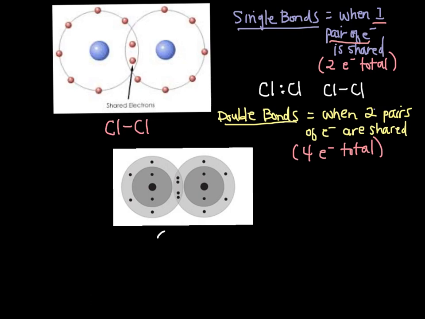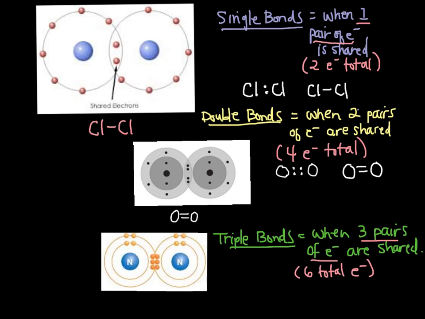So this would be like an O bonded to another oxygen. So you can see that we have 2 oxygens sharing 2 pairs of electrons, and usually we draw it like this with a double bond in between, so you know that each of these is 2 electrons, so that's 4 total electrons.